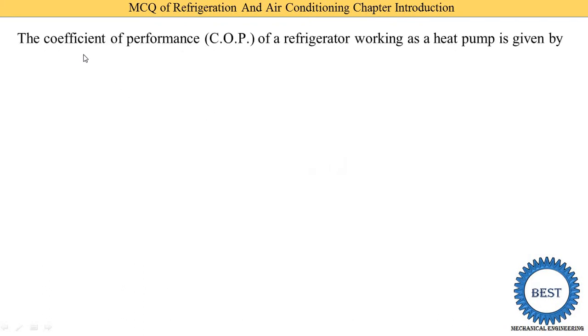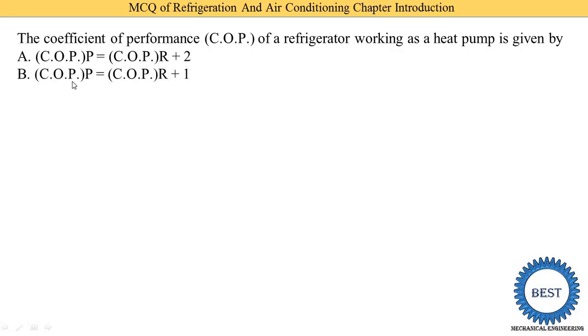Next, the coefficient of performance, in short COP, of a refrigerator working as a heat pump is given by. Meaning, what is the equation of COP of heat pump in short? The options: COP of pump is equal to COP of refrigerator plus 2, COP of pump is equal to COP of refrigerator plus 1, COP of pump is equal to COP of refrigerator minus 1, COP of pump is equal to COP of refrigerator. The COP of the heat pump is always 1 plus the COP of the refrigerator.